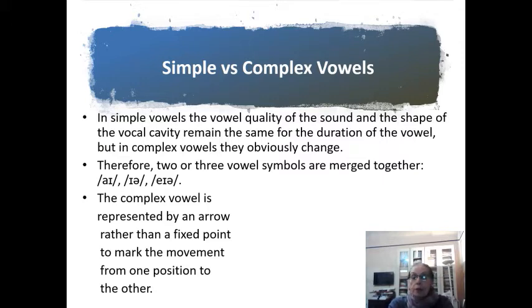Now look at the first diphthong here. Have you noticed the change? The other one was the same vowel all the way. But this one goes from a to i.